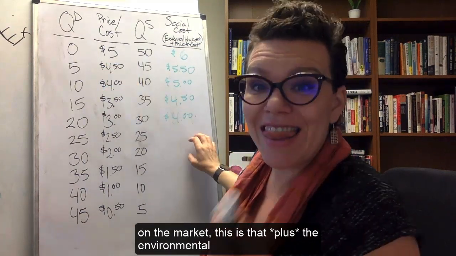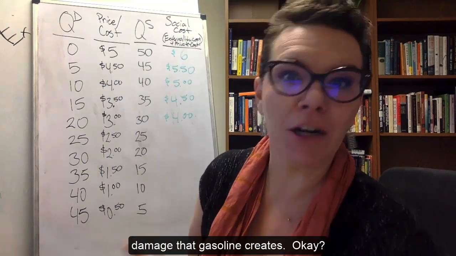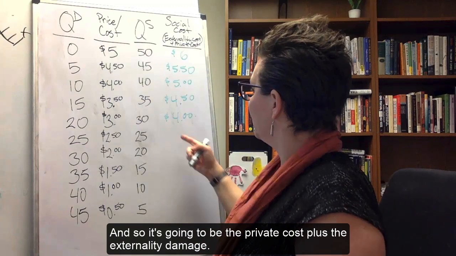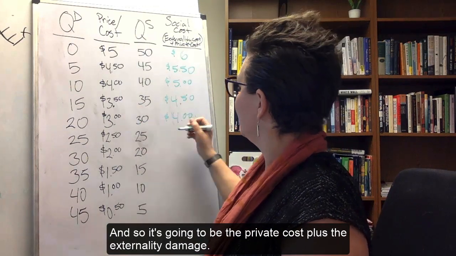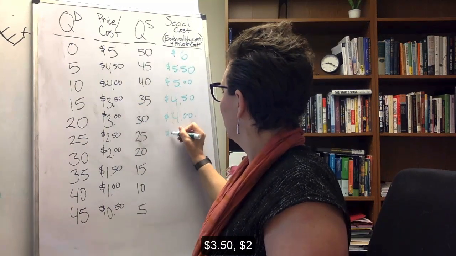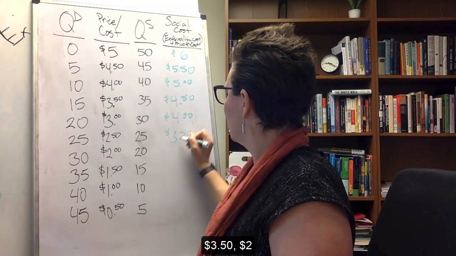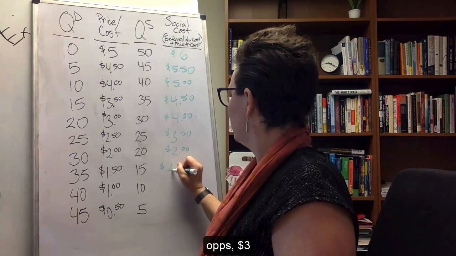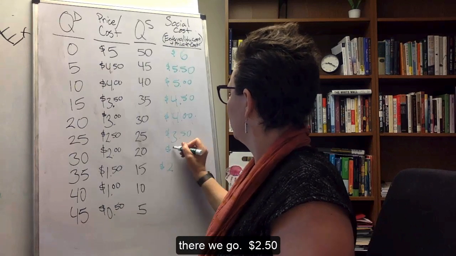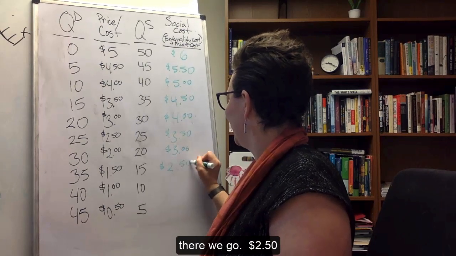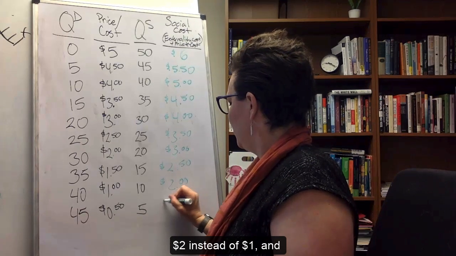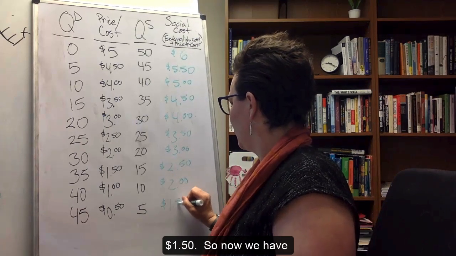This is that plus the environmental damage that gasoline creates, okay? And so it's going to be the private cost plus the externality damage. $3.50, $3, $2.50, $2, and $1.50.